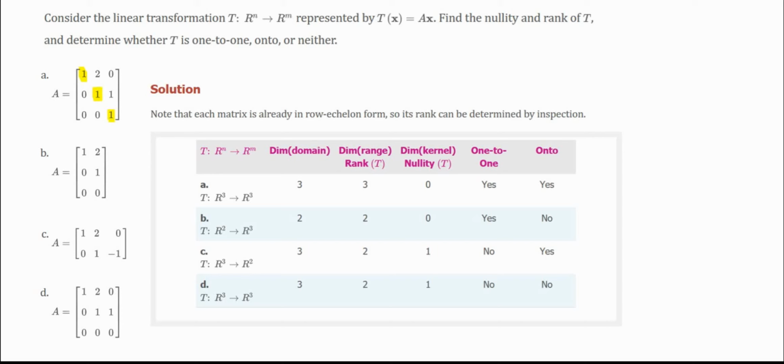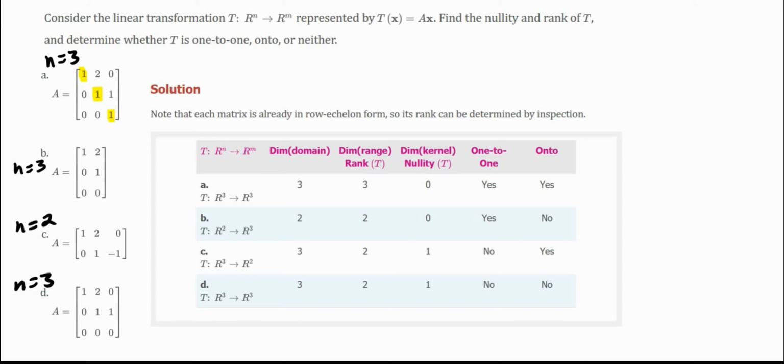Let me write for each one here that n is equal to 3, n is equal to 3, n is equal to 2, and then n is equal to 3. I think I got that right, especially for B and C. If not, I'll try to come back.